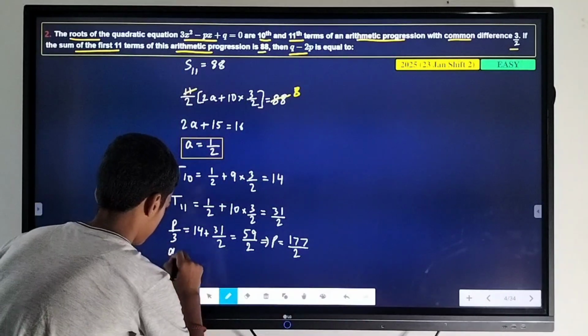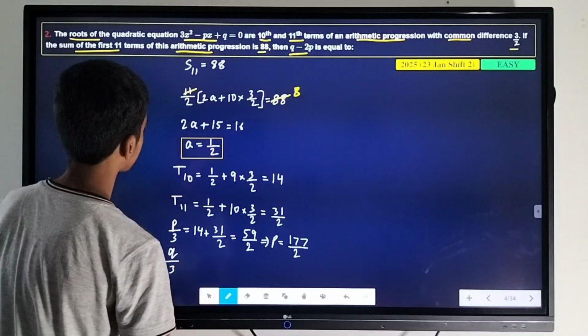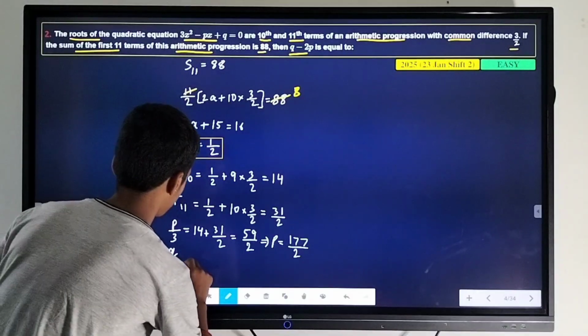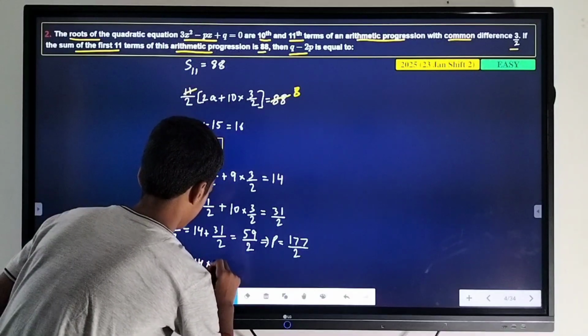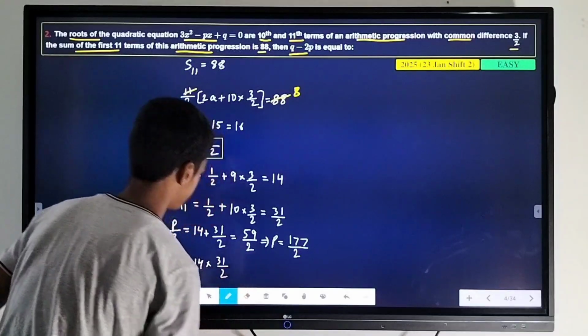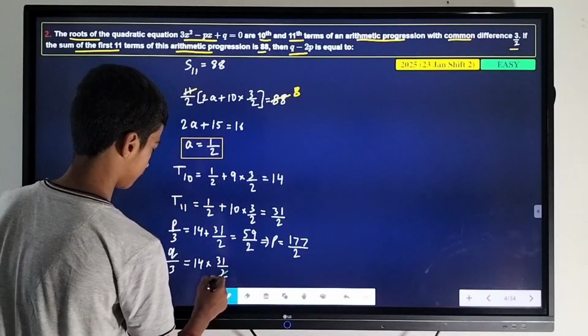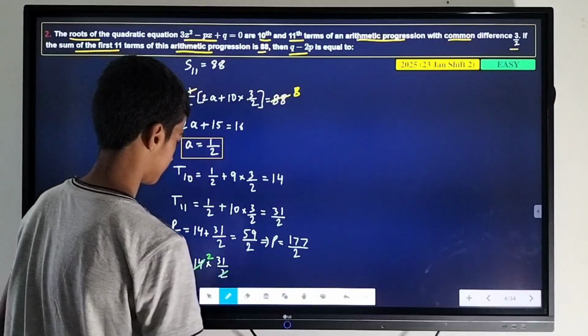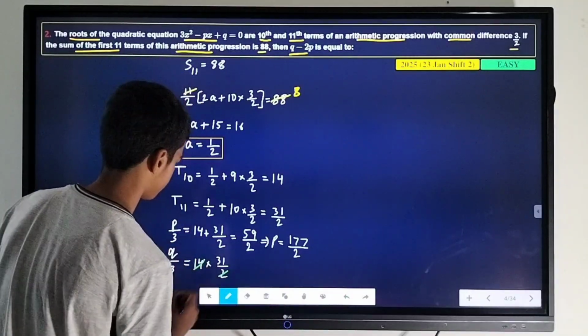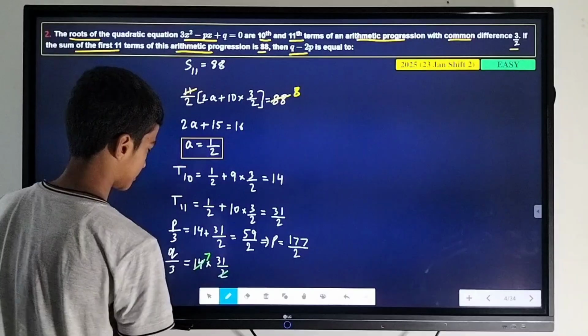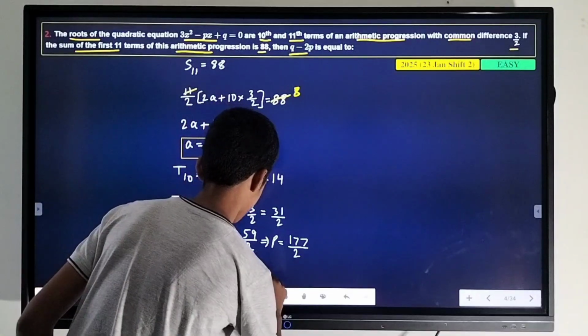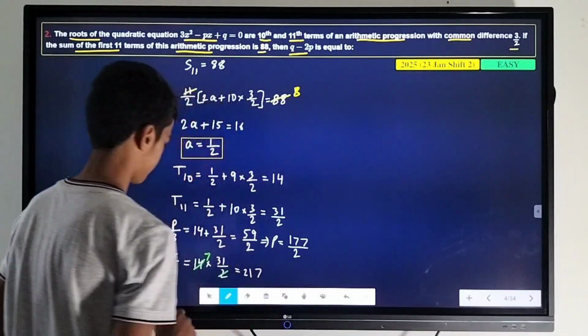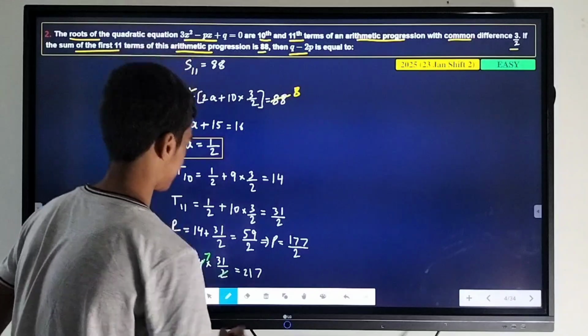And our Q by 3, product of roots, is 14 into 31 upon 2. 2 will cancel 14, 7 times. From here this is equal to 7 into 31, 217.